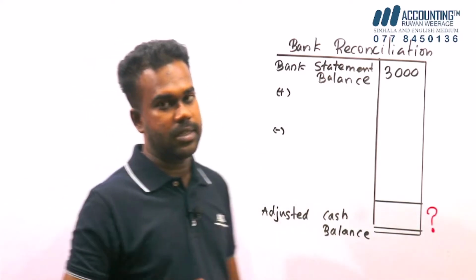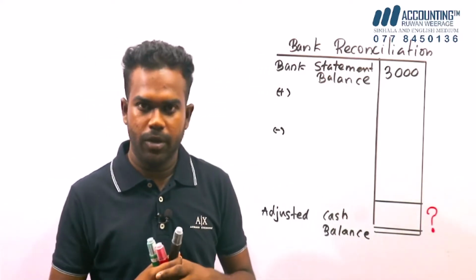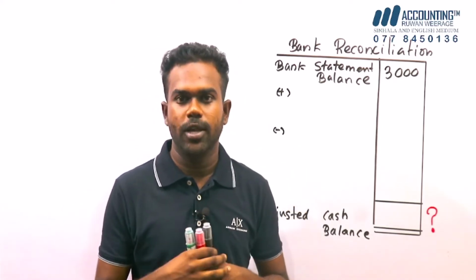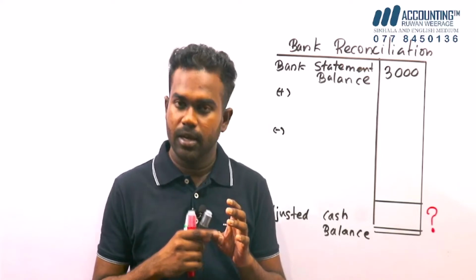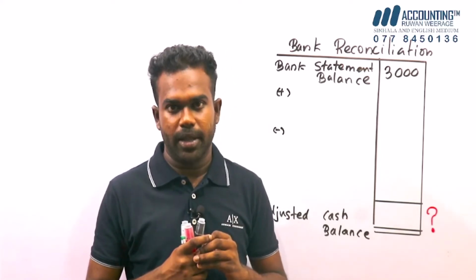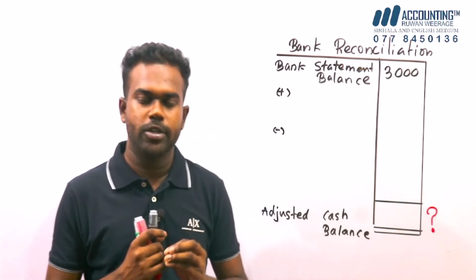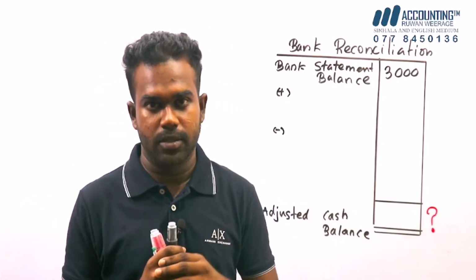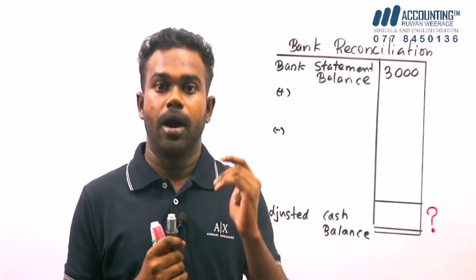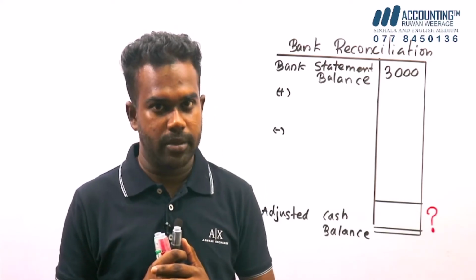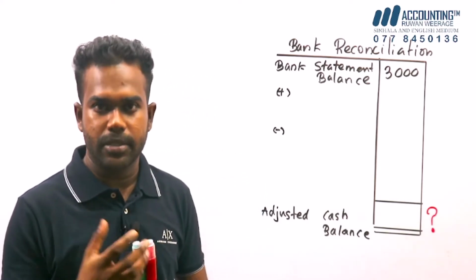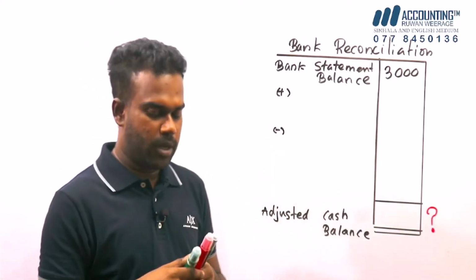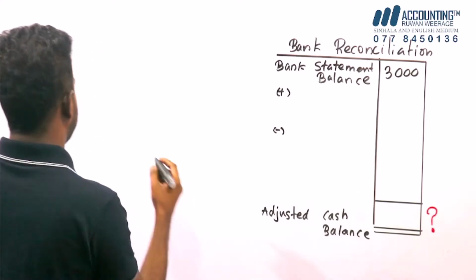If we want to prepare a bank reconciliation, we have to consider time differences and bank statement errors. But in this question only the time differences are given, unrealized checks and unpresented checks. I will take unpresented checks to explain how we add or subtract, and what the logic is.